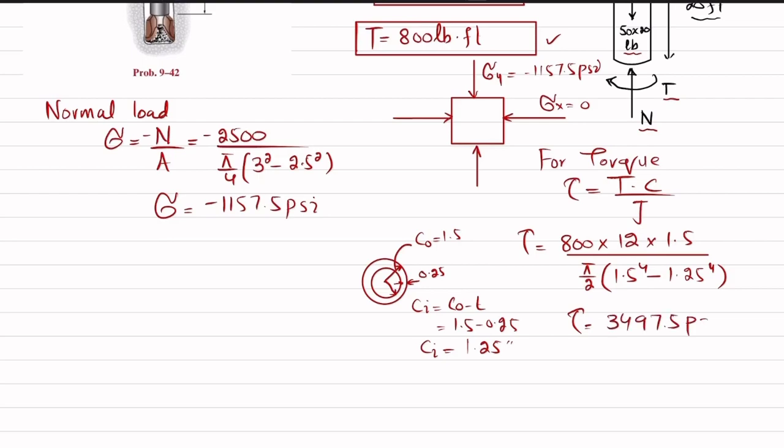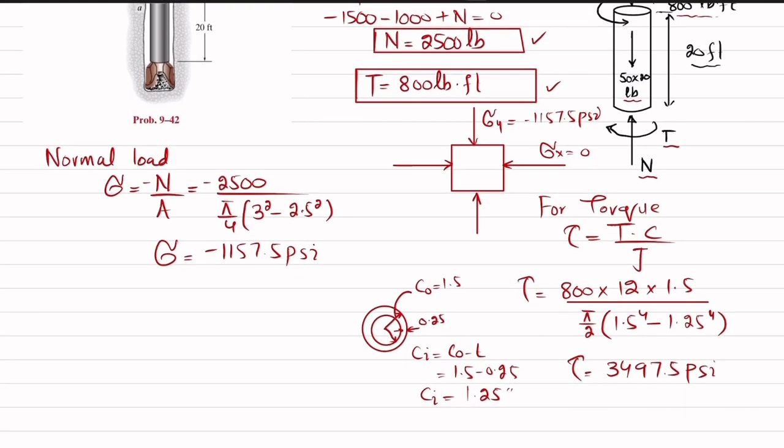So when you calculate it, you will get the shear stress comes out to be 3497.5 psi. And if you represent it on this element, it will be like this. This will be tau of xy, and here it will be like this. Clear?